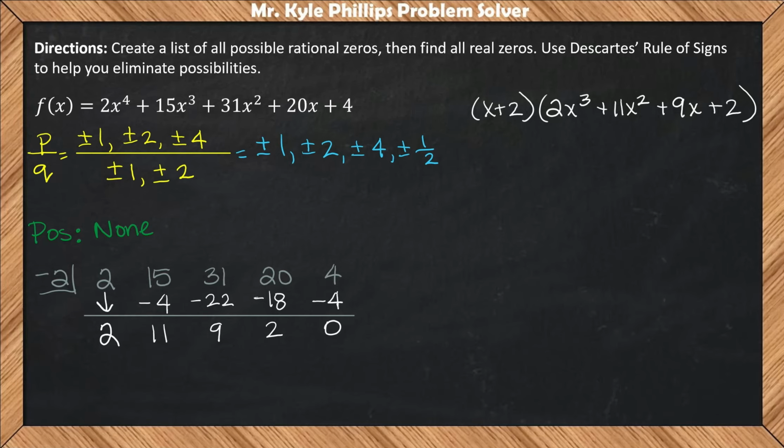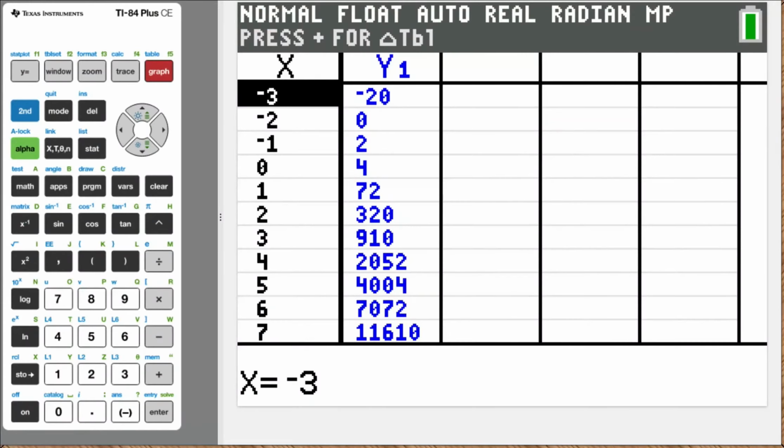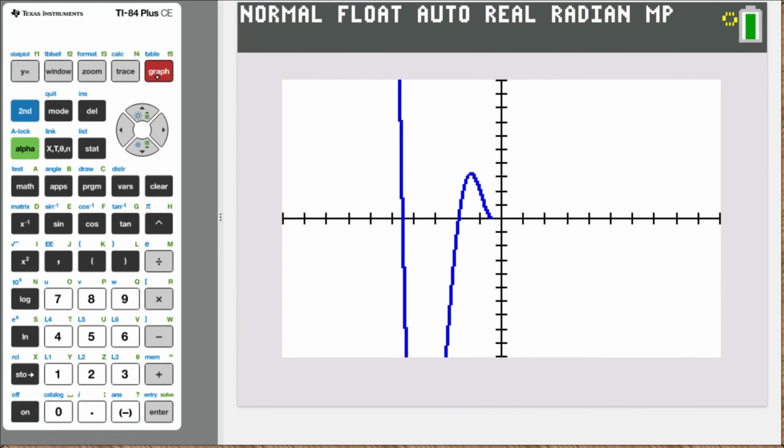So if I go back to my calculator and I go to the graph, see, we've already used -2 here, which out of our list would make that -1/2. So this is not -4, right? This looks to be like maybe -4.5.